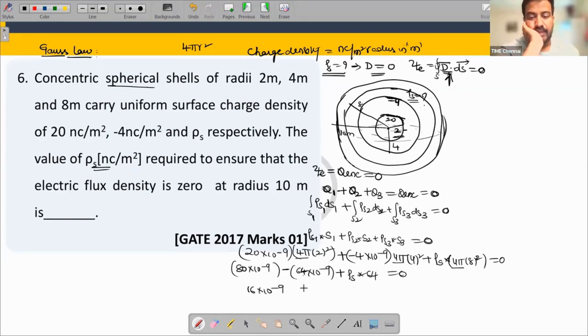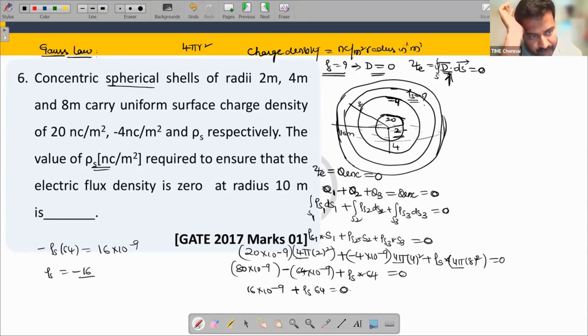16 into 10 power minus 9 plus rho s into 64 is equal to 0. Minus rho s into 64 is 16 into 10 power minus 9.